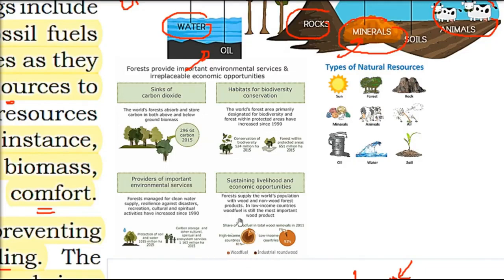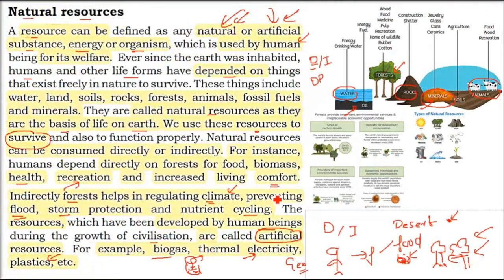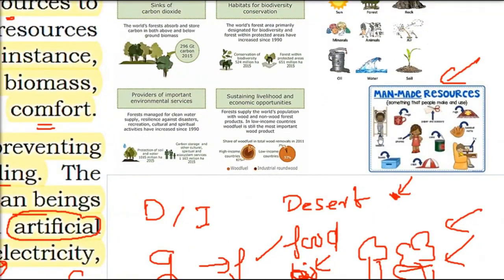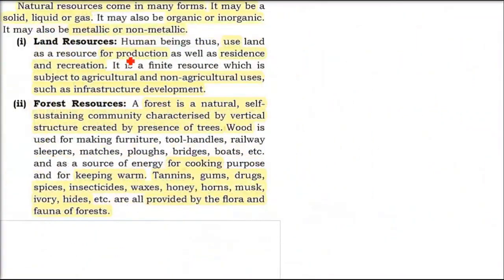Wood we use in various places for warming, for heating, for making food, for making railway line track planks. So all the man-made materials, the resources which we are making, it can be a cup, it can be a cap, it can be a TV, it can be a rug, it can be a ladder, it can be a trunk. All these are man-made resources. They are not naturally occurring.